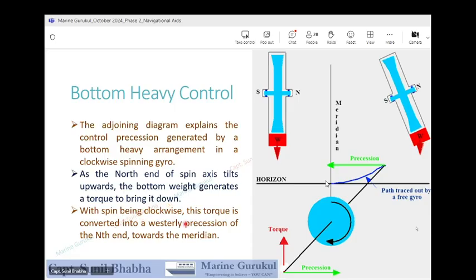With the spin being clockwise, this torque is converted into a westerly precession of the north end, taking it back towards the meridian. So irrespective of whether we have an anti-clockwise spinning gyro with a top heavy arrangement or a clockwise spinning gyro with a bottom heavy arrangement, in both the cases, similar effect can be generated.